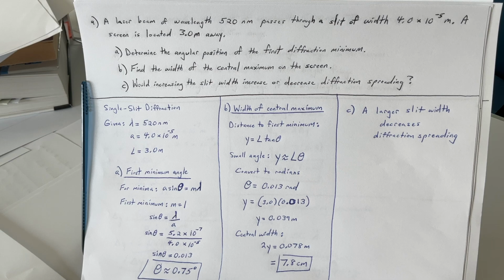So our y value is 3.0 times 0.013, which gives y equals 0.039 meters. So our central width is 2y, which equals 0.078 meters. We could write that as 7.8 centimeters.